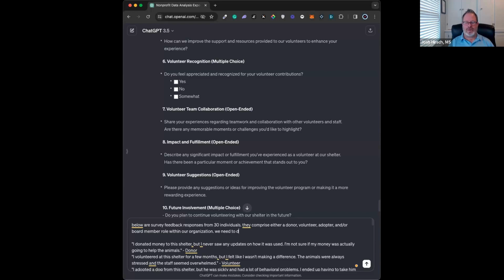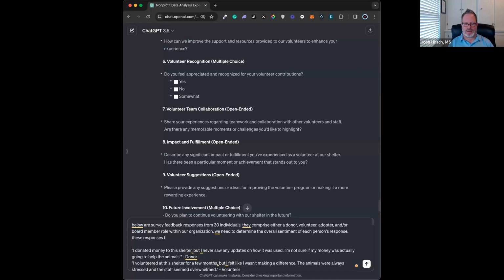We need to determine the overall sentiment of each person's response. These responses fall into either a negative, neutral, or positive sentiment category.